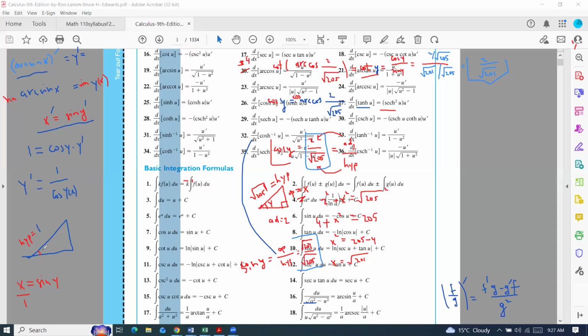So if we call this y, the definition is the opposite side divided by the hypotenuse, that's our sine. So again, sine is opposite over hypotenuse. So that's where it all starts.